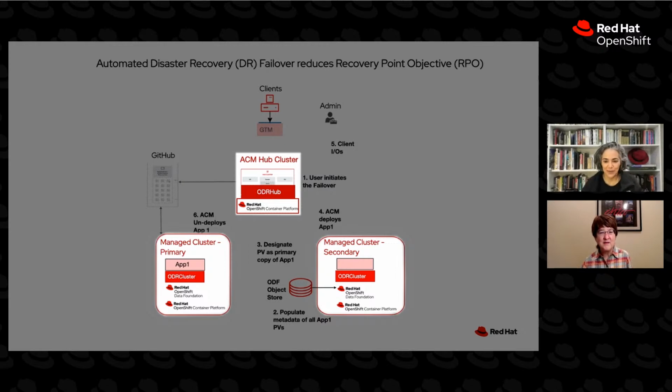What we have here, I'm just going to go through the flow, and then we'll actually show it working. This is what we call regional disaster recovery with Advanced Cluster Management, and we have 2 managed clusters. They have to be managed by Advanced Cluster Management. They could be imported, or they could be created on AWS, VMware, any of the things that ACM supports.